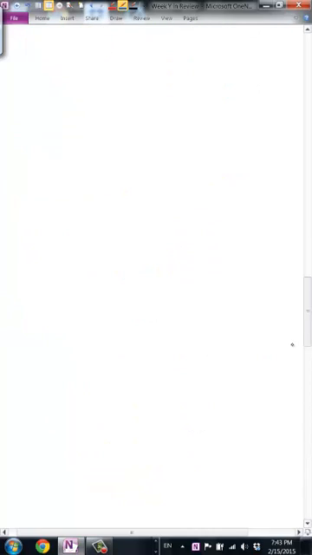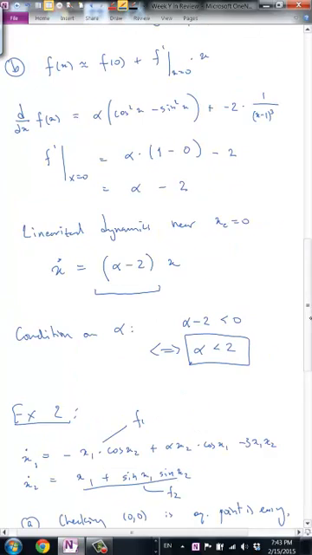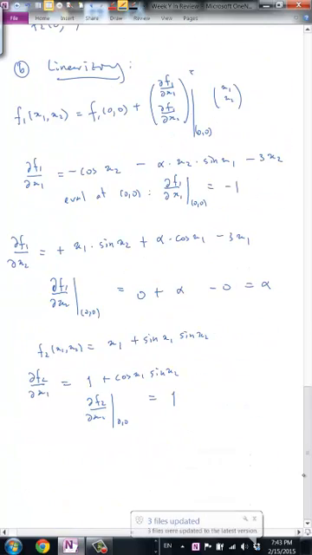And df2/dx2 is equal to 0 plus sine of x1 times cosine of x2.